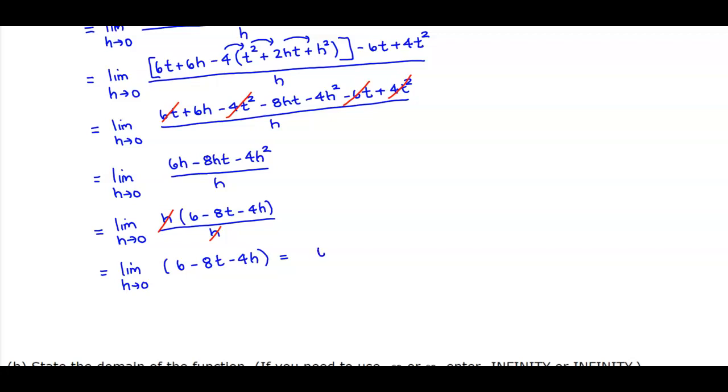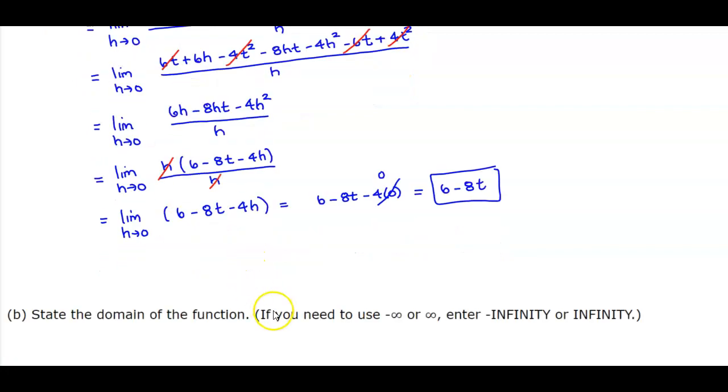So we have 6 minus 8t minus 4 times 0, so that gives us 0. So then our derivative is 6 minus 8t. So there is the derivative of our function.